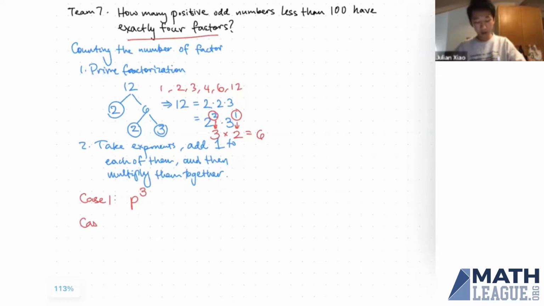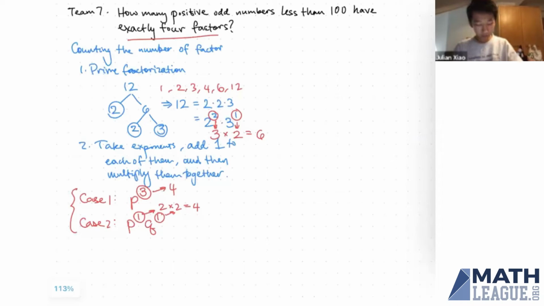And there's another case where we have one prime number raised to the 1st power times another prime number raised to also the 1st power. So if we apply our trick to these numbers, we take the exponents and we add 1 and we multiply them together. And you'll see that in both of these cases, we're going to get 4 factors in total. And you can check that these are the only 2 cases of numbers that will work.